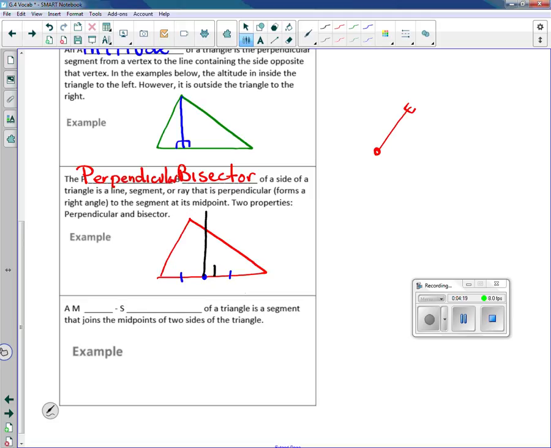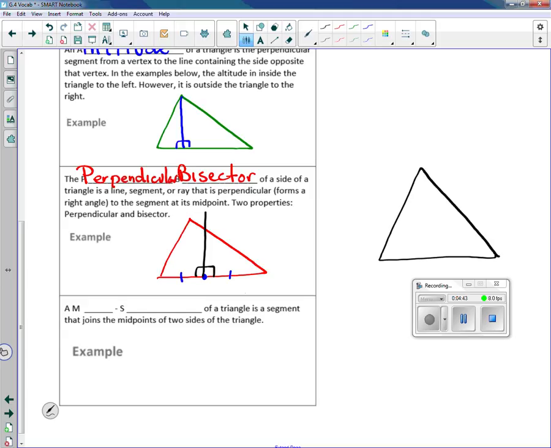Now notice we've had a perpendicular to a side already up here. That one came from the vertex and didn't bother going through the midpoint. This one doesn't come from a vertex, it just bothers hitting the midpoint. Interesting enough, I wonder what kind of triangle could have them both be the same thing. So this is the answer.